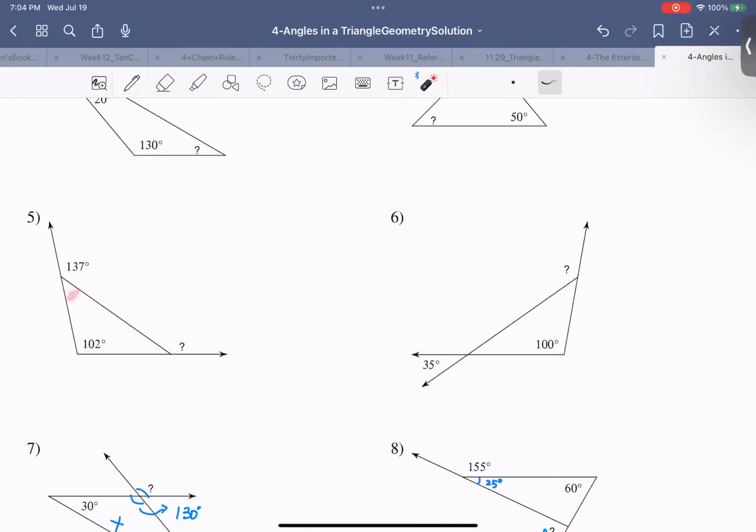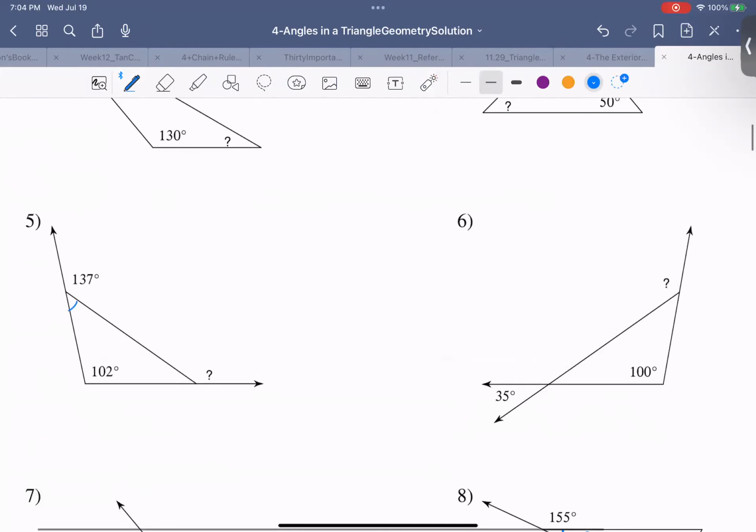Those two add up to 180. So this angle will be 43, right? Yes. These two are called supplementary to each other.